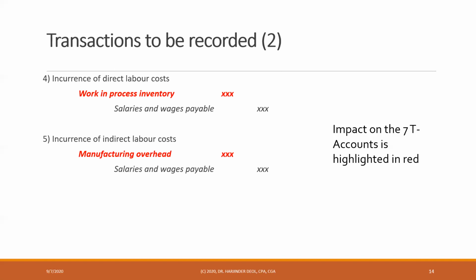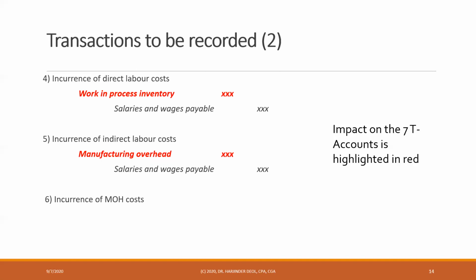And finally, the business may incur other manufacturing overhead costs. Now, these other manufacturing overhead costs can relate to many different types. So it could be payment of factory rent, payment of factory insurance, utilities costs, depreciation on factory equipment, et cetera.